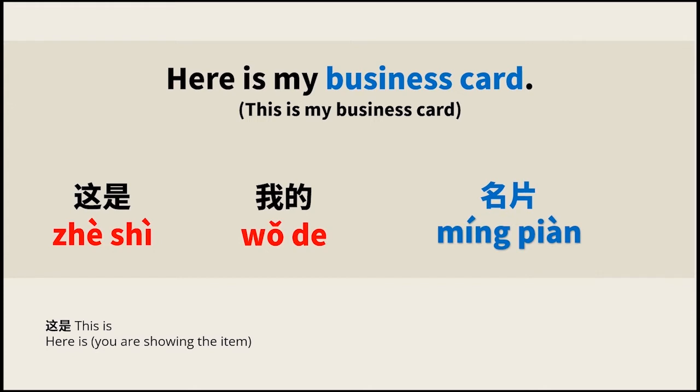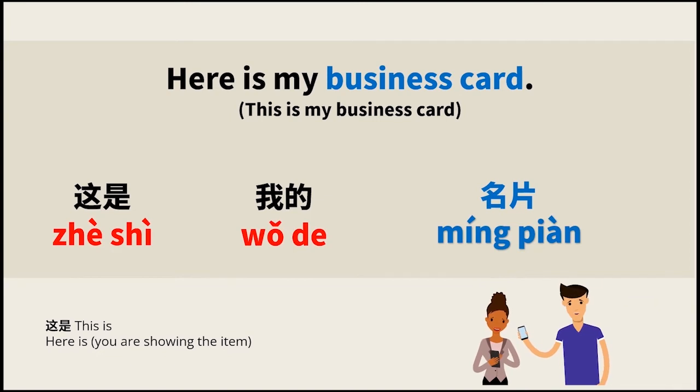Depending on the scenario that you are in, maybe you are showing the person the item, so you are saying 这是, this is, or here is. 这是 this is or here is, 我的 my, 名片 business card. 这是我的名片。Here is my business card, or this is my business card.